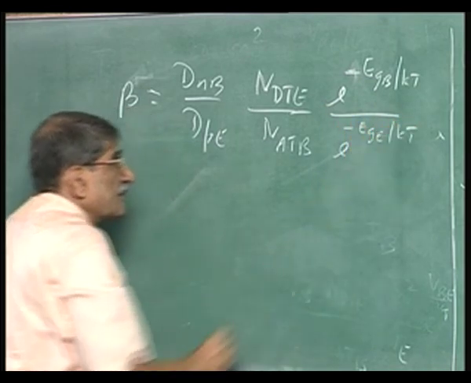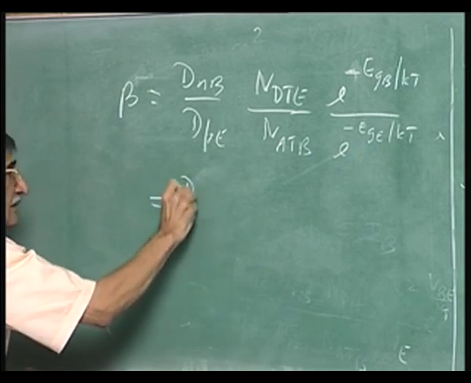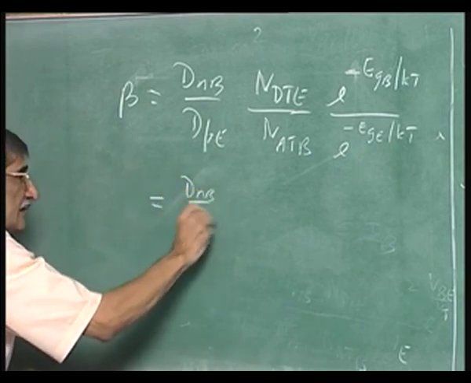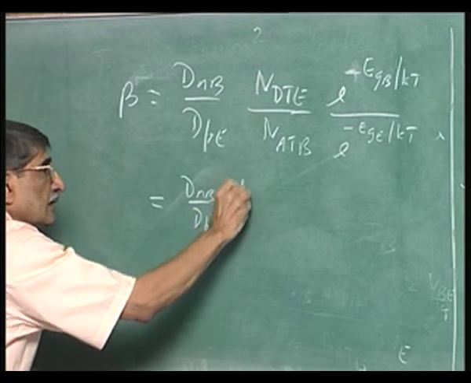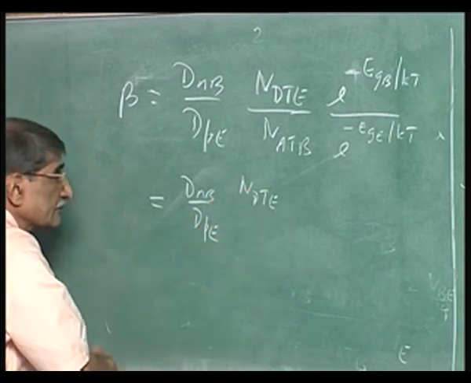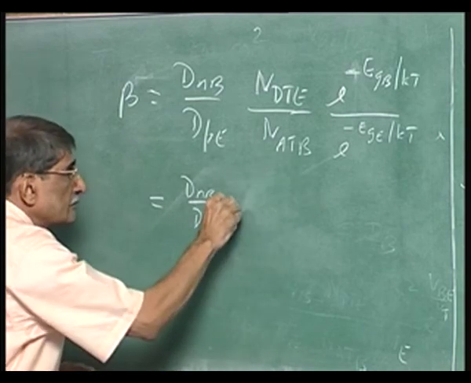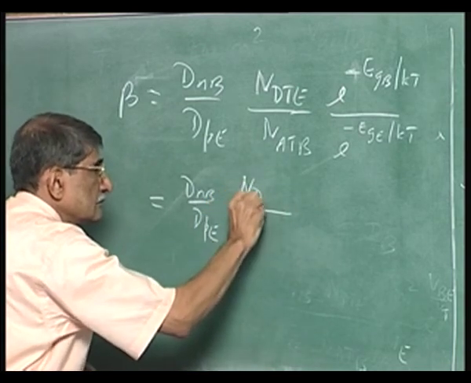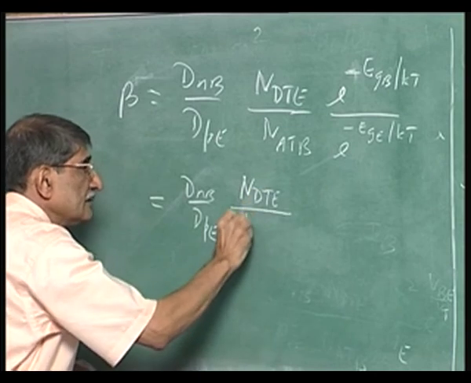That is what we have written in the previous page, which actually is DNB divided by DPE, NDTE divided by NATB.